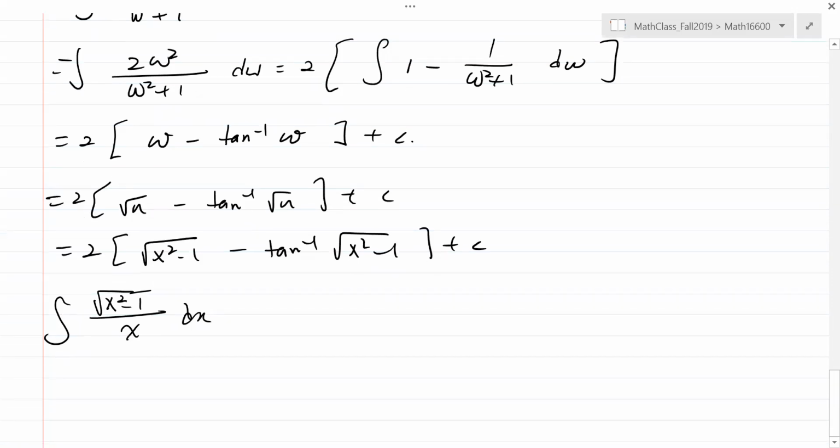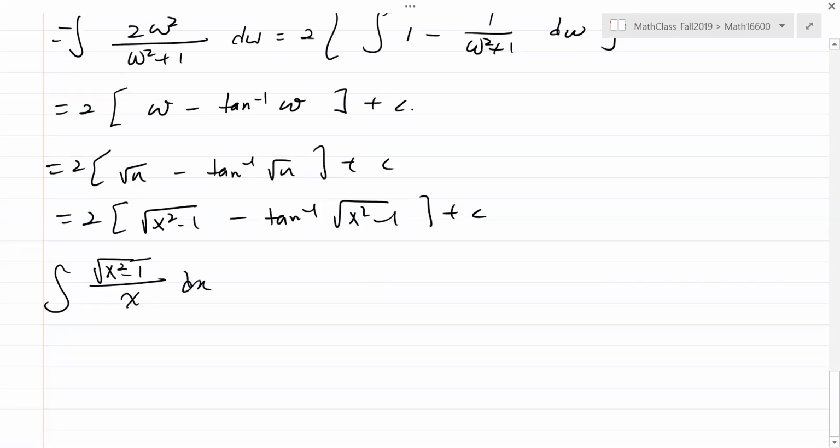Okay, so this is an integral, right? So we go back to this. What is the best choice? Remember, we call it trigonometric substitution, right? So how do we make something squared minus 1 become a square?